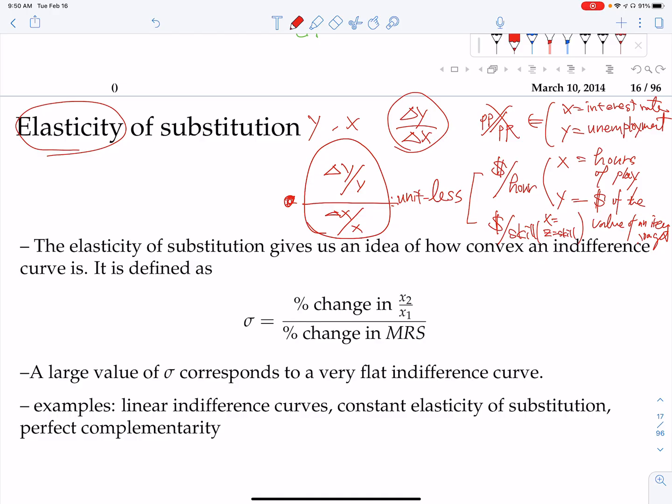So as a result of a 1% increase of playing hours, how much has y increased? But here, y is also measured in percentage, right? So let's say you used to make $500. Now, by an increase of 2 hours of extra play, let's say you get $10 more, right?